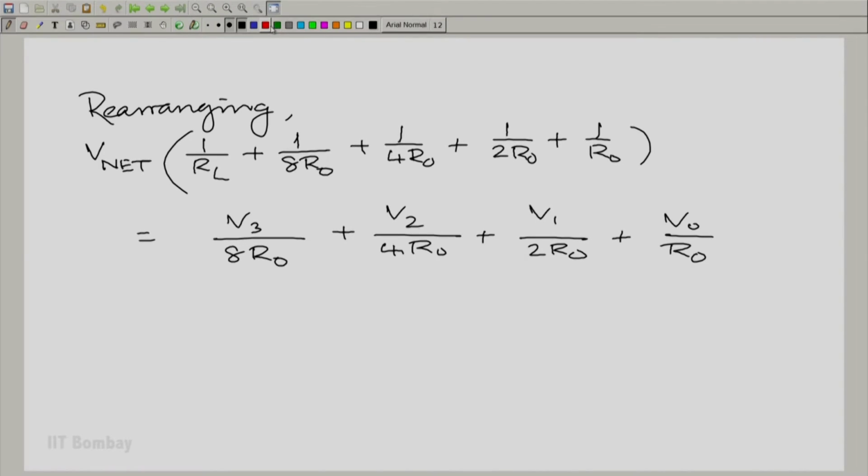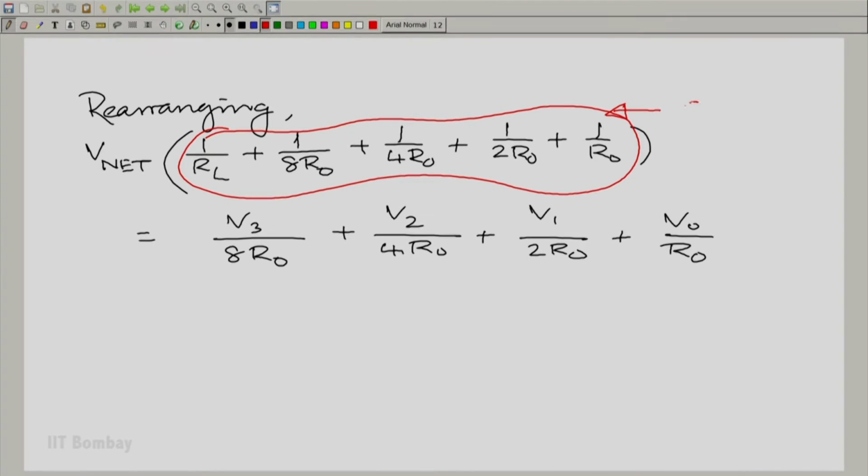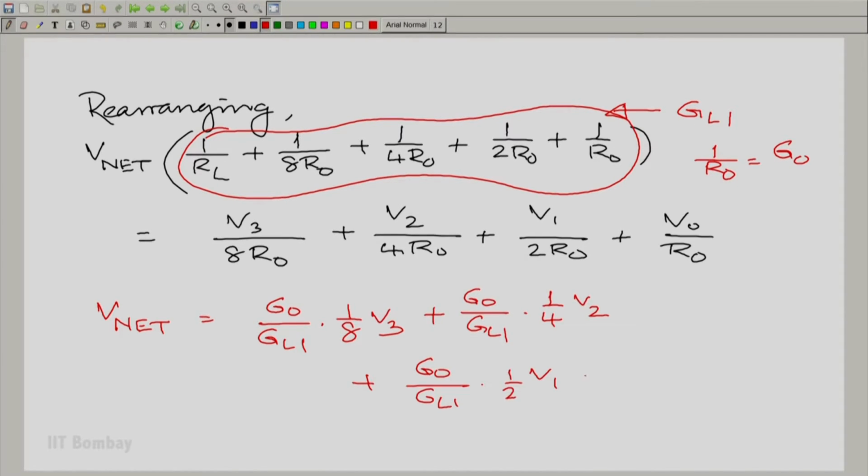Now, let us simplify, let us call this whole big expression GL1. G stands for conductance, the reciprocal of resistance. And let us denote 1 by R0 as G0. So, what are we saying? We are saying V net is equal to G0 by GL1 into 1 by 8 times V3, and this can continue.